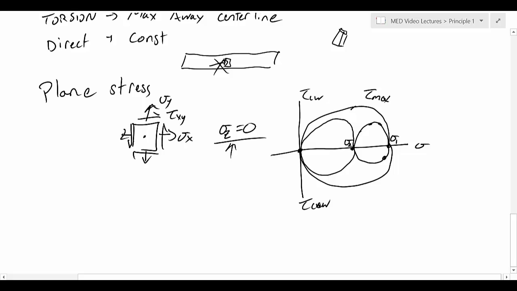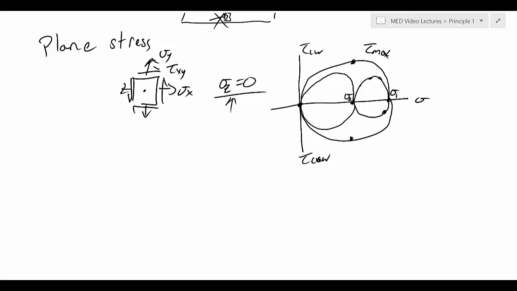So the actual maximum shear stress is found by looking in that 0 direction, different orientations. So we don't care so much about what these sub-max shear stresses are. We care about the absolute max.